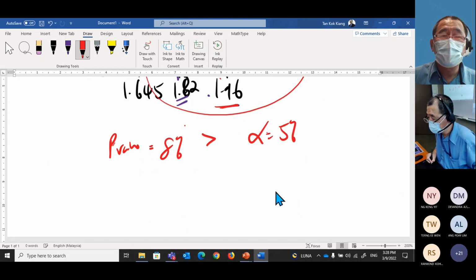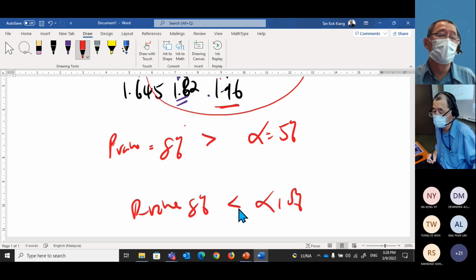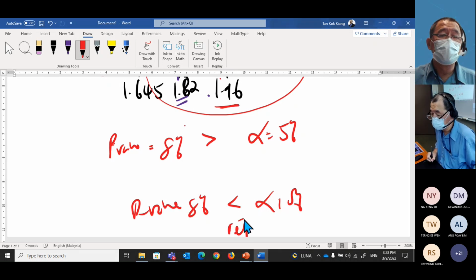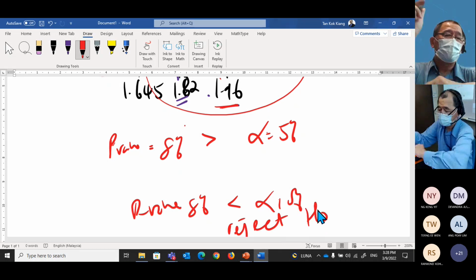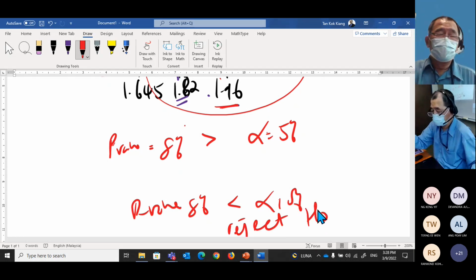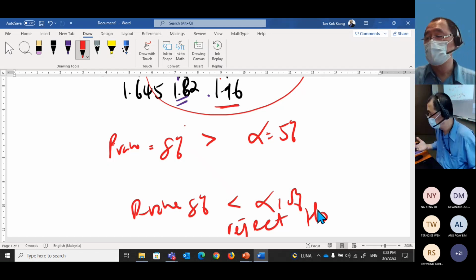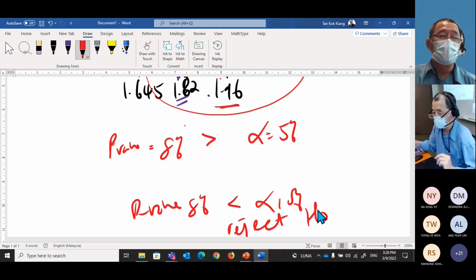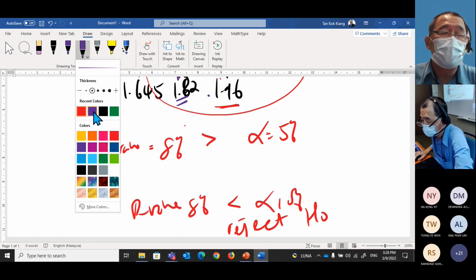You can see, alpha 10%, and the p-value has no change. The p-value is now 8%, smaller than alpha 10%. Therefore, we can reject the null hypothesis. So it is still consistent with the conclusion just now.